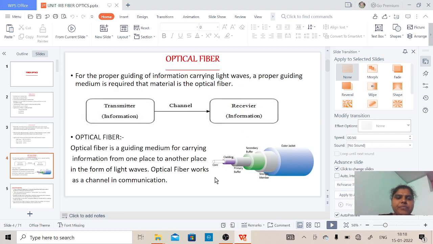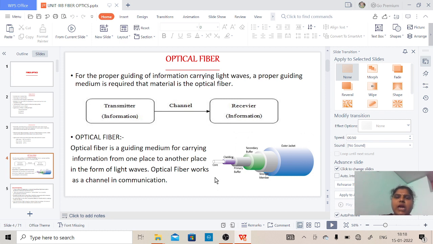Next, let us see what optical fiber or fiber optics is. For the proper guiding of information carrying light waves, a proper guiding medium is required. That material is optical fiber. For the transmission of information, we need a channel, a medium.